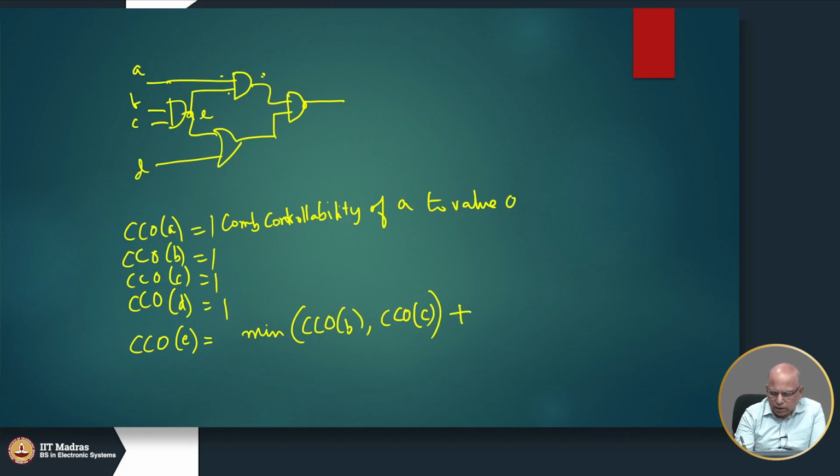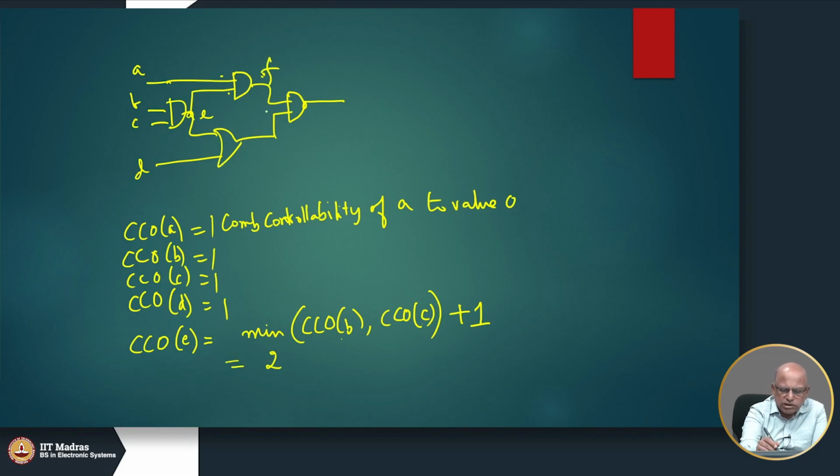In addition to that, I will put a plus 1, so that I can say that it is further away from the primary inputs by one gate. Okay. So, in this example, it will come out to be minimum of 1 comma 1 plus 1, so it will become 2. So, this is CC0 of E, which is 2.